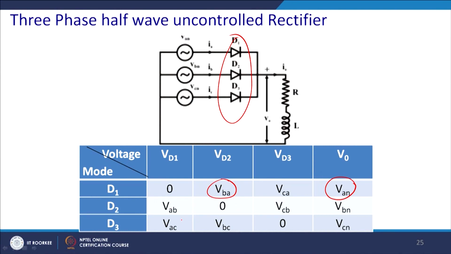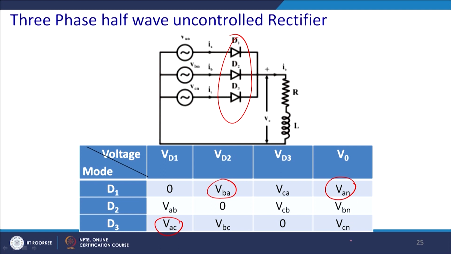Similarly, when diode 2 is conducting, the third diode will block VAC, sometimes VBC, and once diode 3 is conducting, the load will get the voltage VCN.